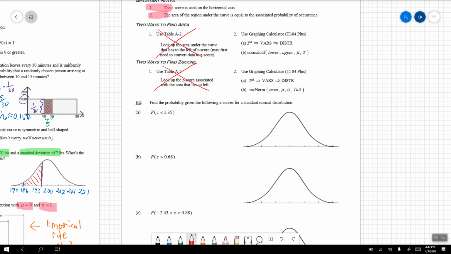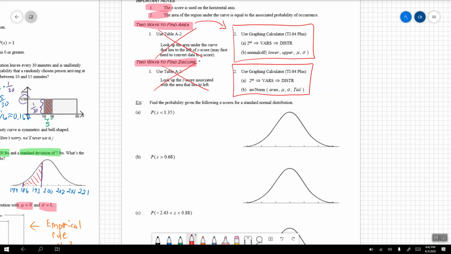Our preferred method is going to be to use the calculator to find these z-scores, or to find the area underneath the curve. So if we want to find the area underneath the curve, we're going to use this command on the calculator.